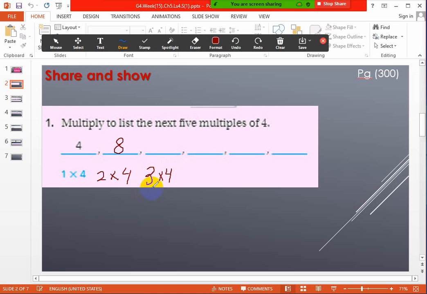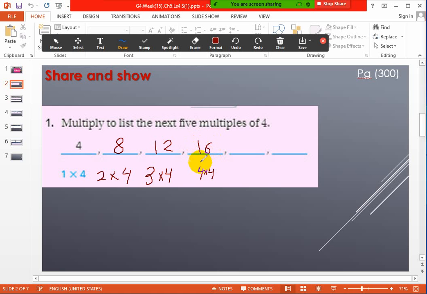Very good. 3 multiply 4 equals 12. Then I will multiply it by 4. So the multiple will be what? Will be 16. Very good, girls.